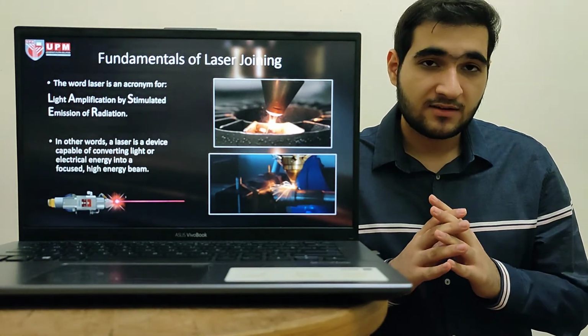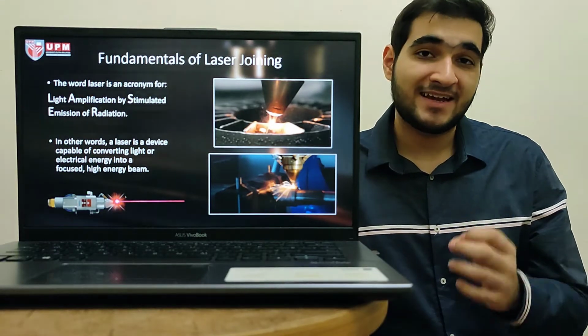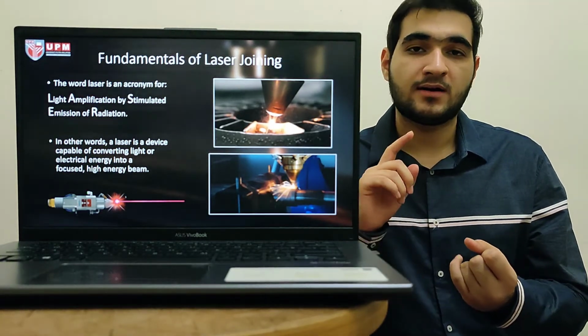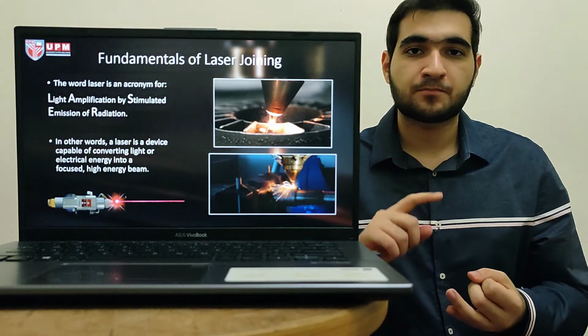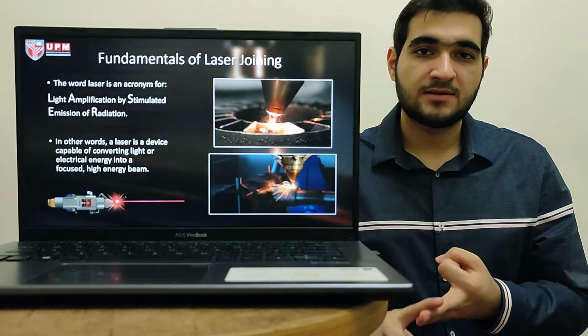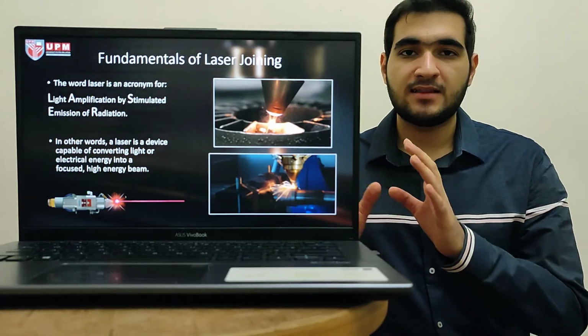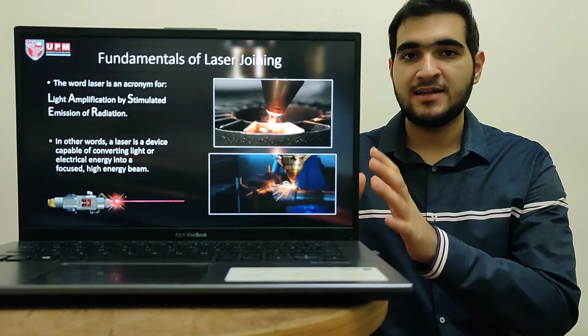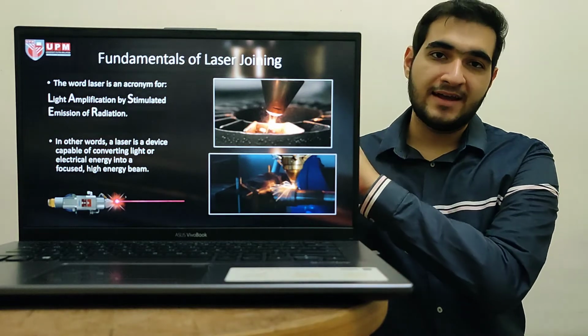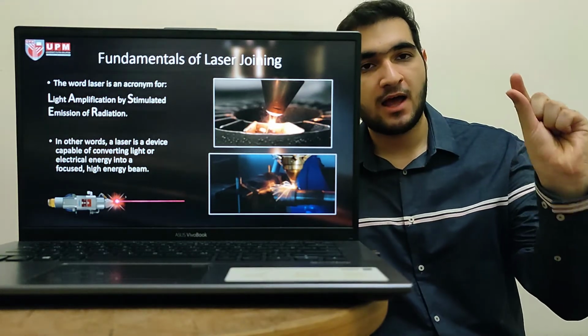Ironically enough, laser is an acronym which stands for light amplification by stimulated emission of radiation. What this basically means is that lasers turn light into a focused high energy beam.